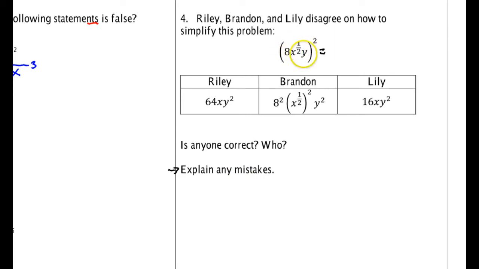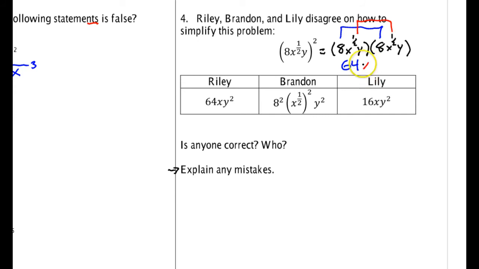Okay, so we have 8x to the 1/2 times y, squared. So a good strategy would just be to expand this out. So this would mean 8x to the 1/2 times y times 8x to the 1/2 times y. Okay, and then let's do things one at a time. 8 times 8 is 64. x to the 1/2 times x to the 1/2, 1/2 plus 1/2, add the exponents, and you will get 1.